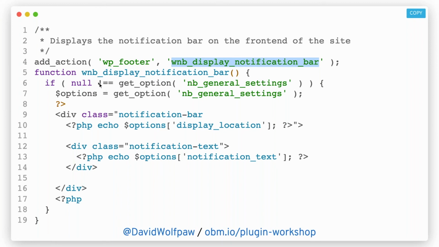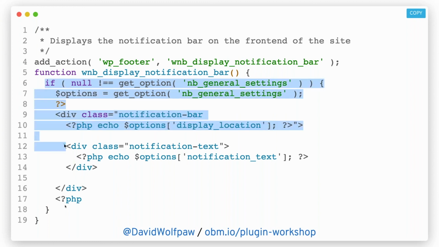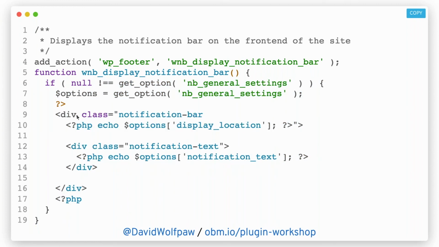And the first thing that we're doing is we're ensuring if the options that we've set are not null, so if there is something that exists in the database, this get option function is a WordPress built-in function that says go to the options table in the database and look for an option with this slug, which if we remember from a few steps ago, we created and said that all of our settings we're going to go into. So if that's not null, then get those options from the database. And everything is wrapped in the if statement here because we don't want to display any of this HTML if it isn't there.